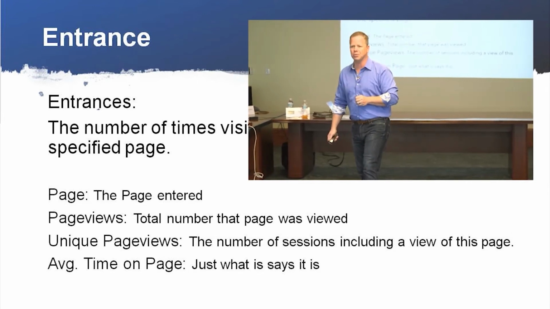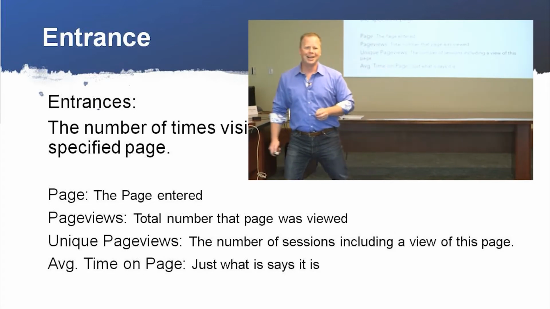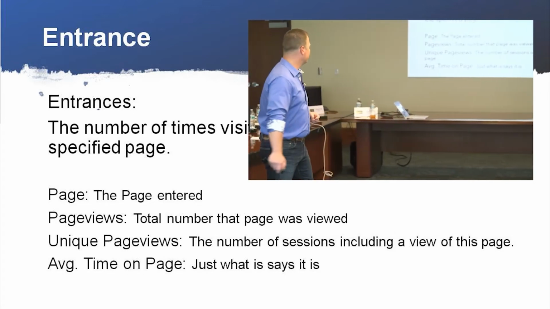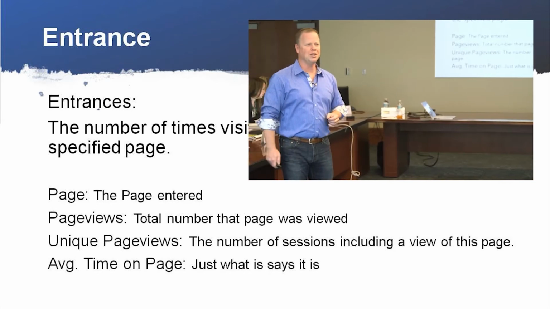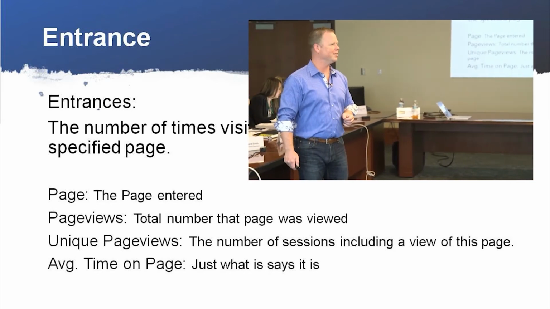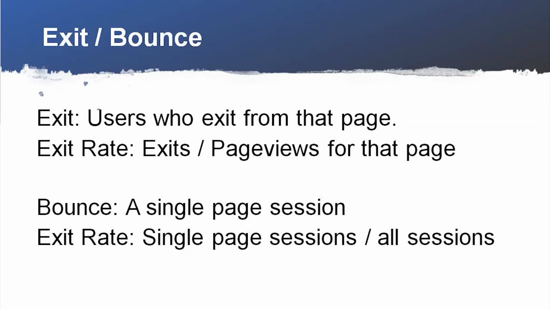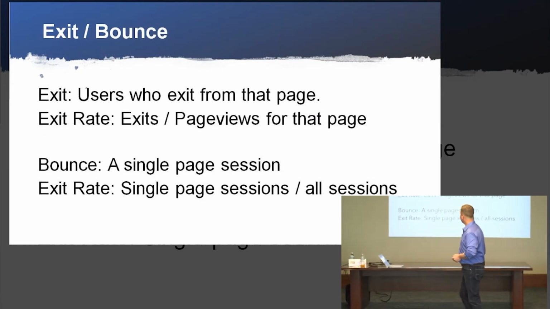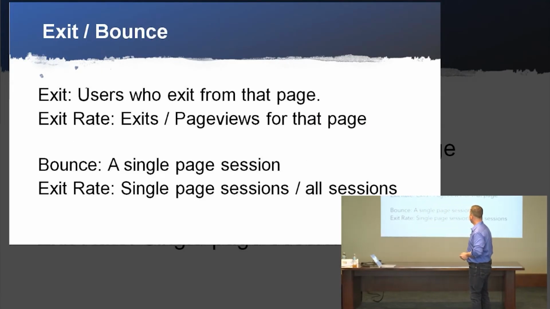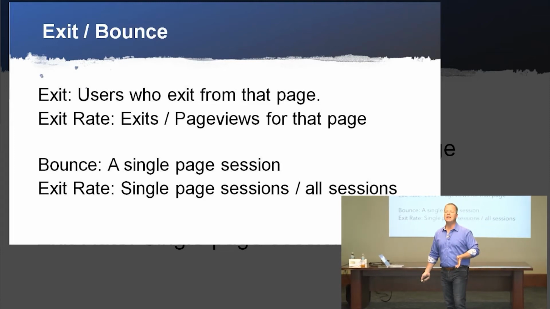I know we're getting into some really nitty-gritty stuff here. An average time on page is just what it says. It's the average time on that page. The exit is what page people are on when they leave the site. My exit rate, well, if I divide the exits by page views for that page, that tells me the rate at which people leave that page.